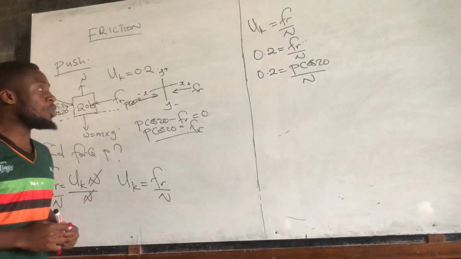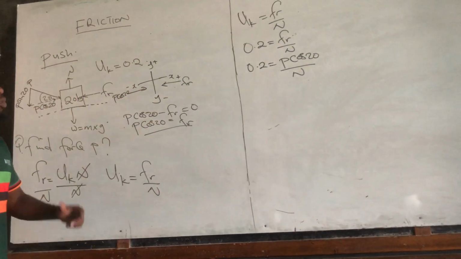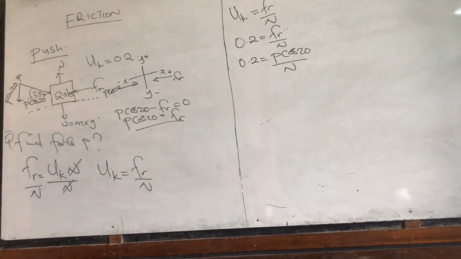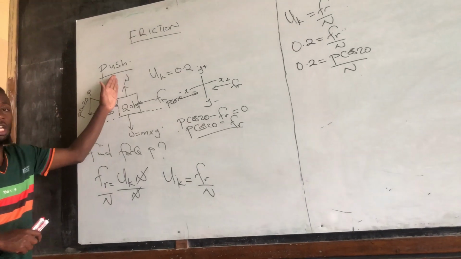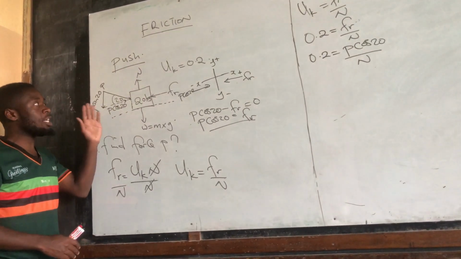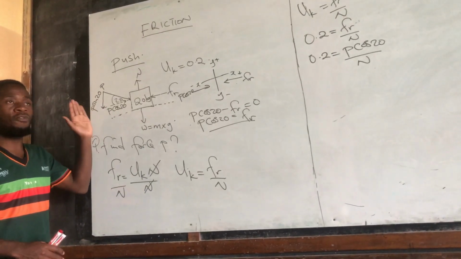So now the next thing we need to do is to find an equation for the normal force. How do you make an equation for the normal force? You can check here. You can see that the normal force is in the vertical. So to make an equation for the normal force, you need to consider all the forces in the vertical.